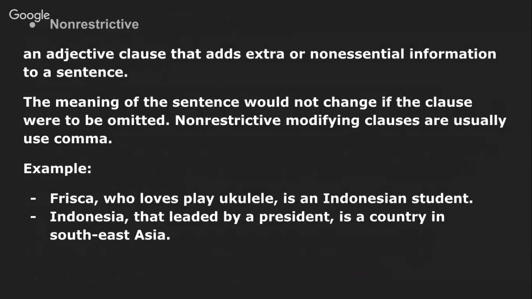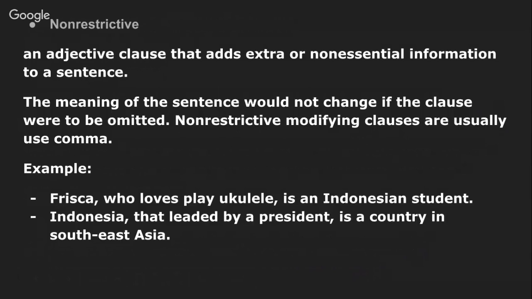If you omit it, the sentence still has the same meaning: Frisca is an Indonesian student. That's the fact, and the extra information, who loves playing ukulele, is not necessary.